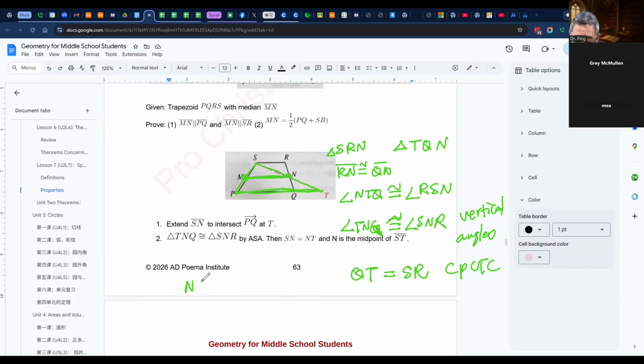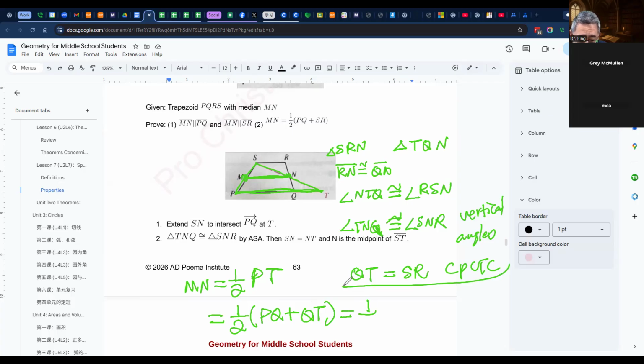So therefore, MN is equal to half PT. What's PT? PT is PQ plus QT. And we also know QT is SR, which we just proved. So it's half of PQ plus SR.